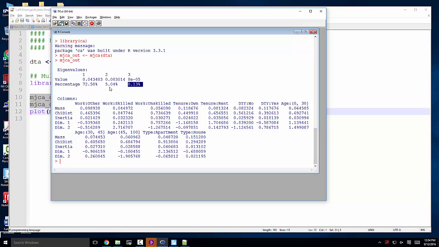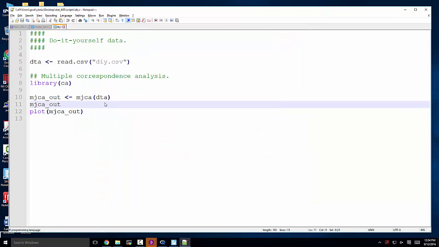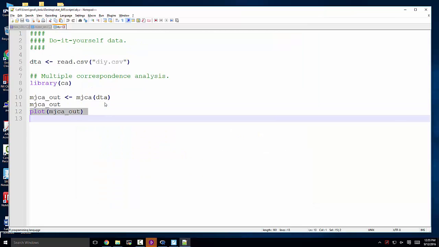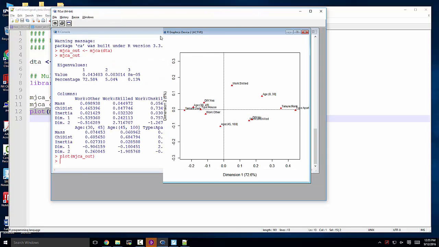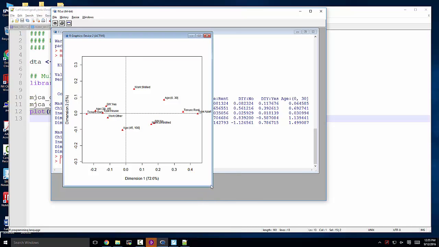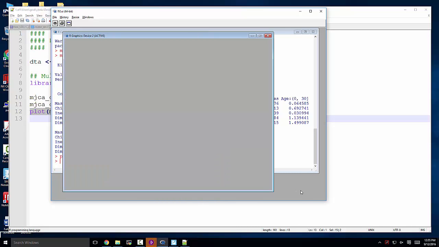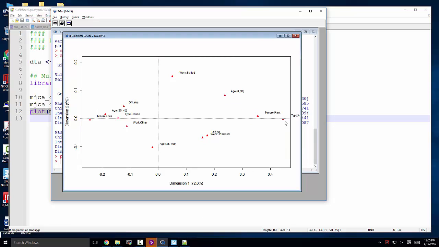So the picture that you get when you ask for plot the output looks like this. All right. And we interpret this picture like we interpret a plot of principal components.